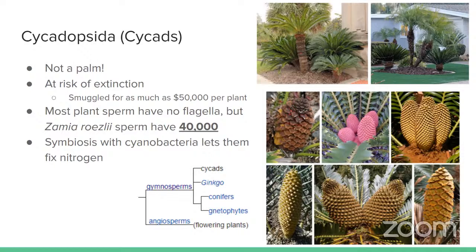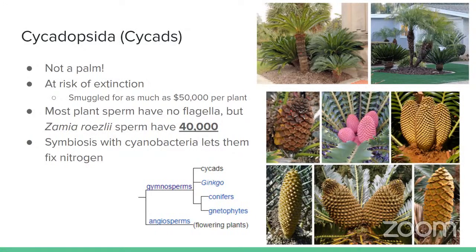I tried to get a picture for you, but it turns out once it's at 40,000, it just looks like a big blob, so I didn't bother. So it's real wild. And they're not totally sure why it needs 40,000 of them to get into the female structure, but it went all in on those flagella. Too many, right? That seems like an accident to me.